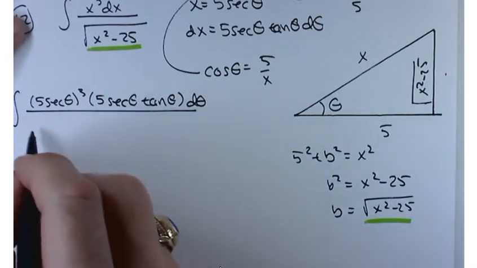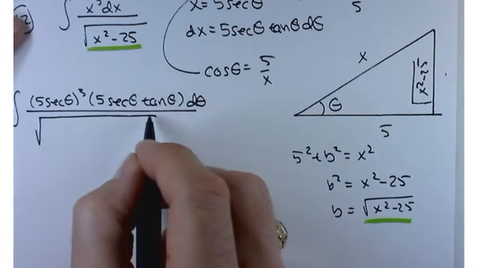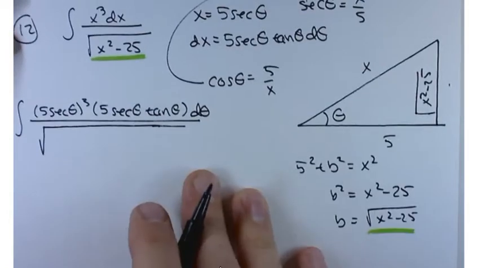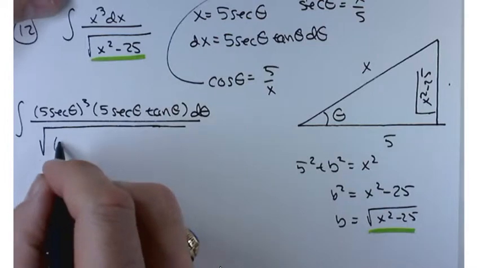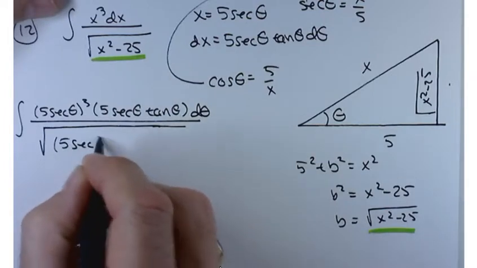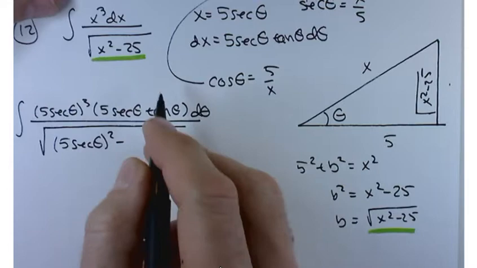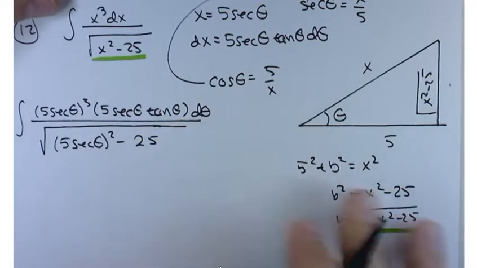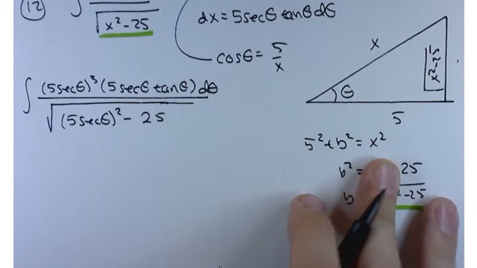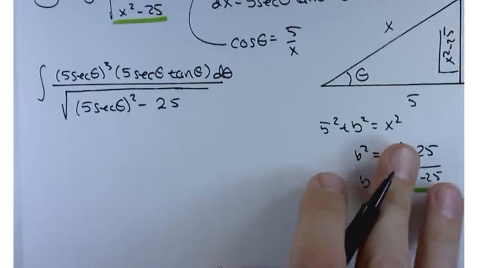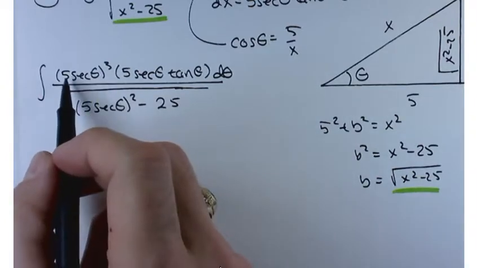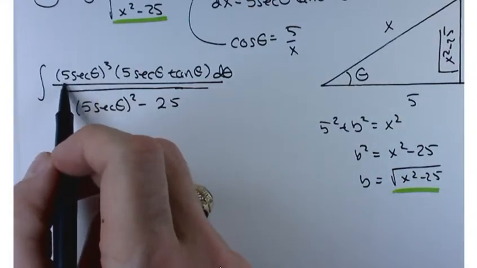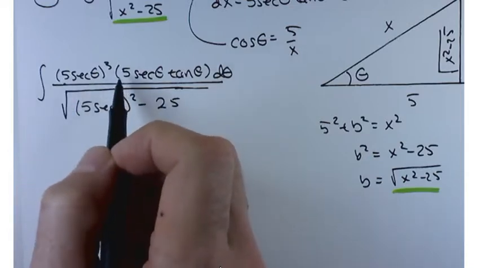In the denominator, I'll get x, which is 5 secant of theta squared minus 25. And again, we're going to get a lot of simplification here. So it kind of depends on you and how fast you want to do things. But I'll get a 5 cubed from here and a 5 here. Basically, I'll get 5 to the 4th power, or 625.